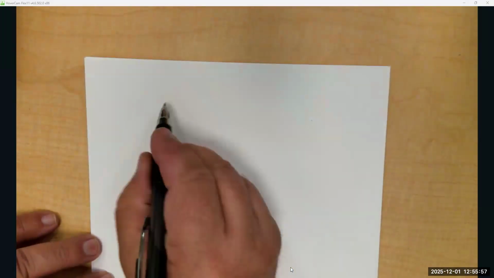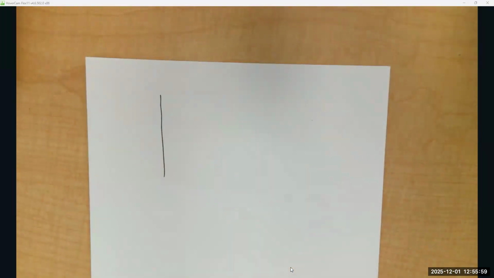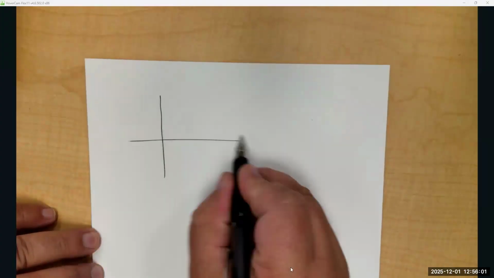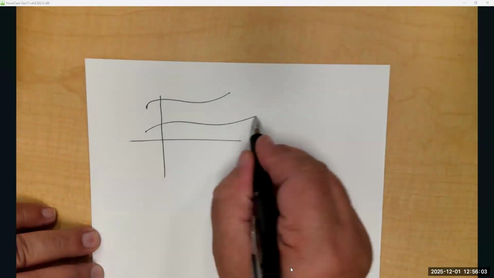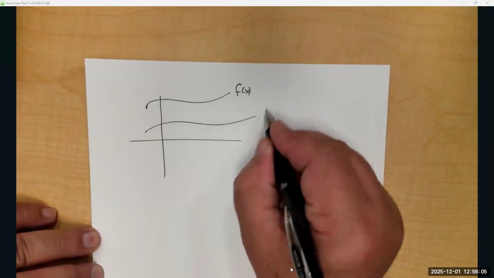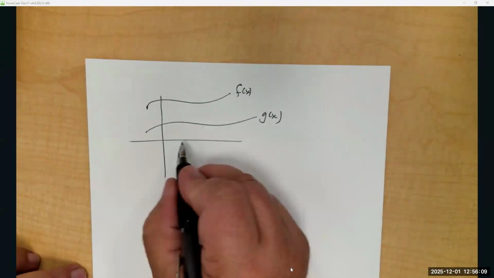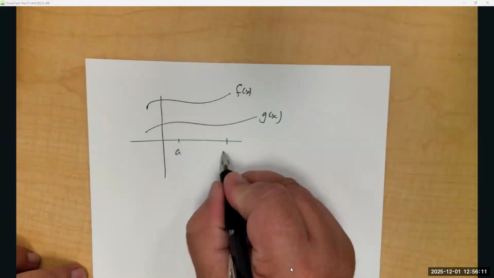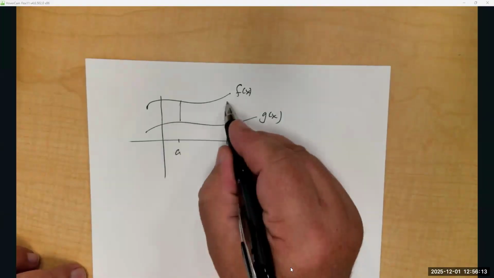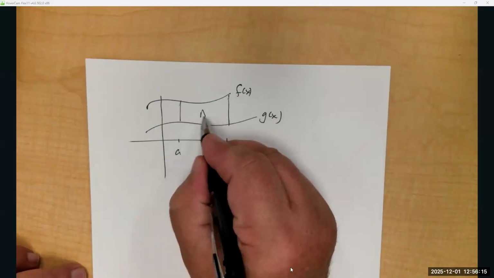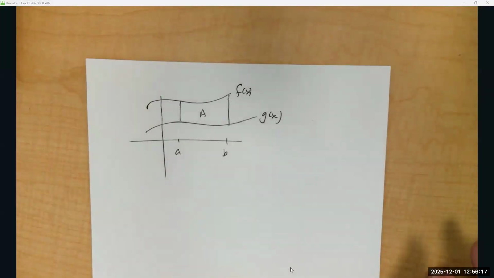And the next section, the last section of our course, we're done with all this other stuff. Now we're going to look at two functions, f of x and g of x. We want to know what is the area between the two functions.